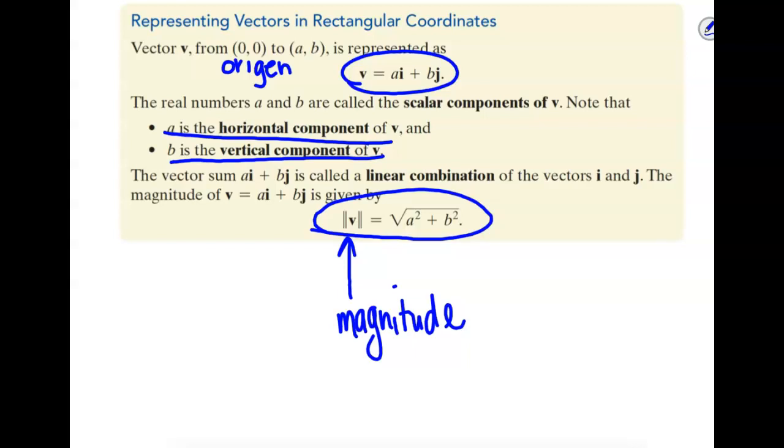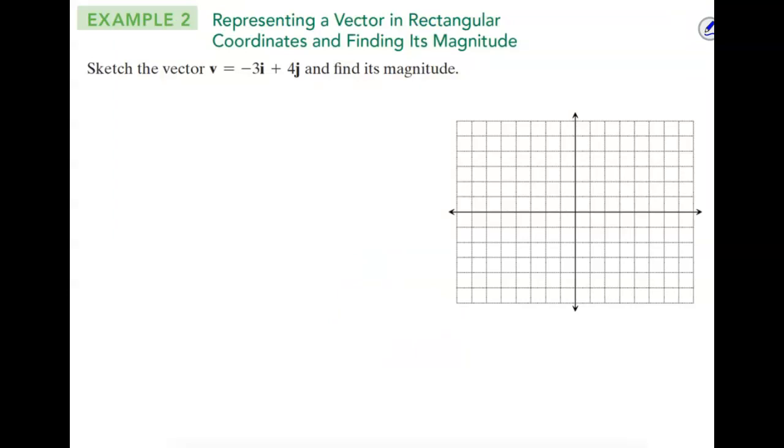So how does it look for our example? Here's example 2 in our book. We want to sketch this vector v, negative 3i plus 4j, and then find its magnitude or its length. A vector in this form is vector v equals ai plus bj.